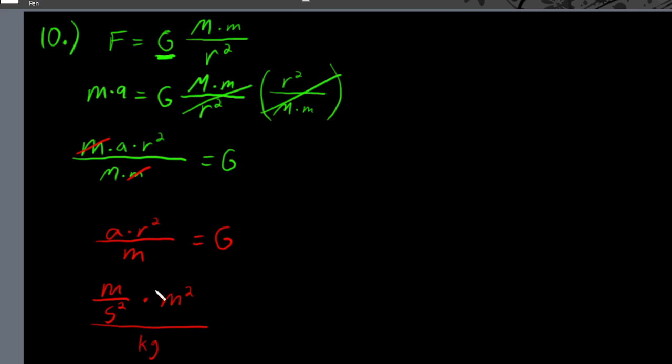So now we just need to simplify this. Meters times meters squared is going to be meters cubed per second squared per kilogram.